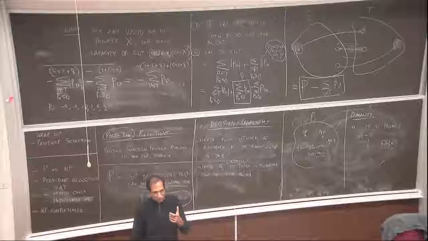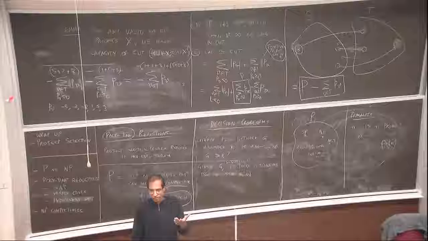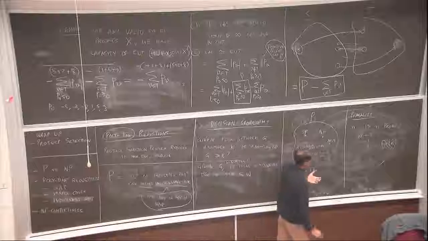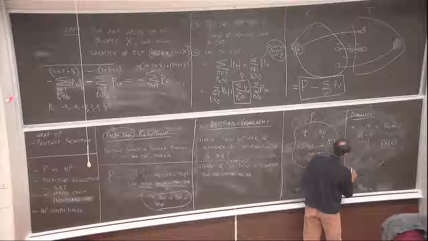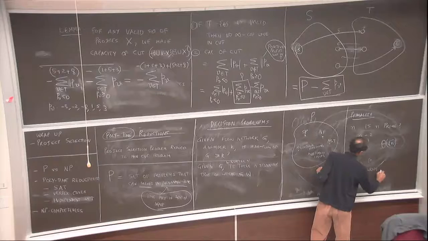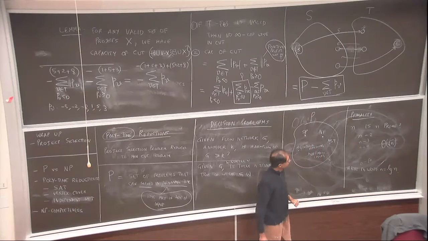So, can you express it in terms of n? Log n. The number of bits it takes to write n is log n. Log base 2 of n. So that is the input size.